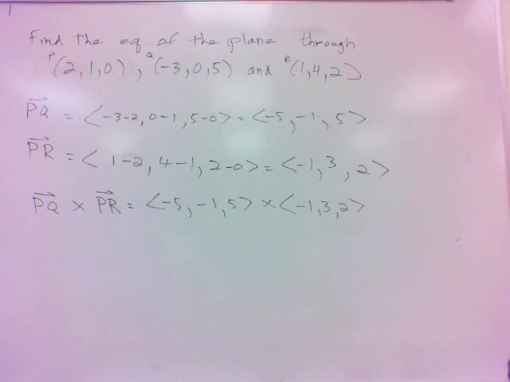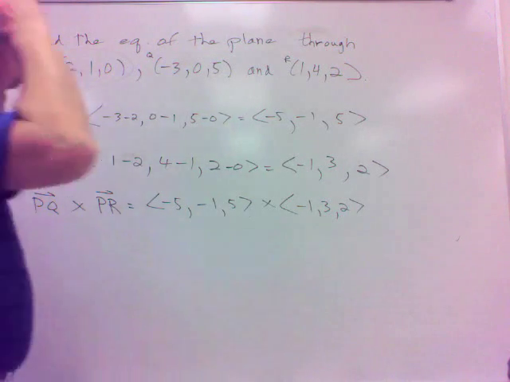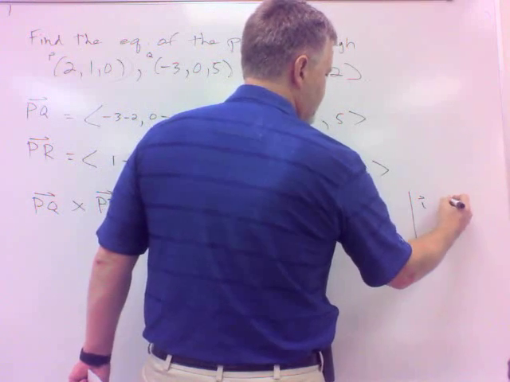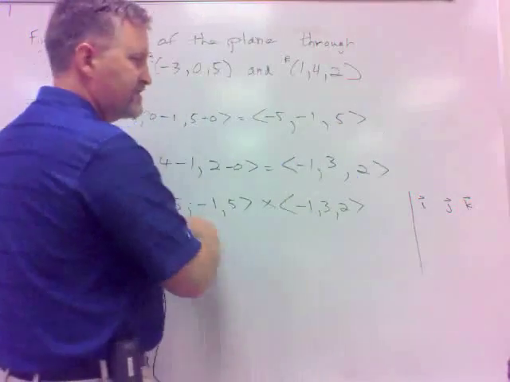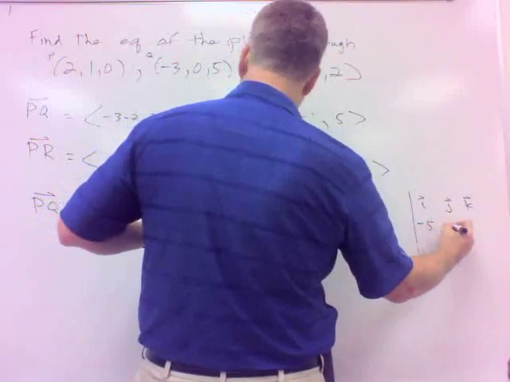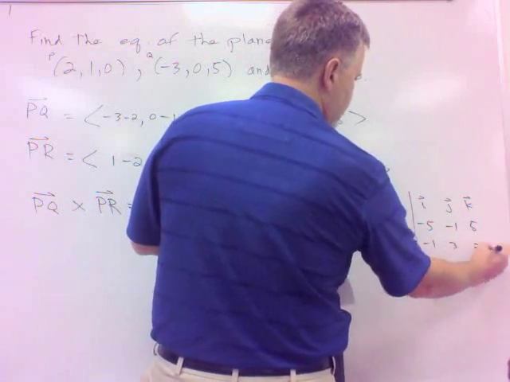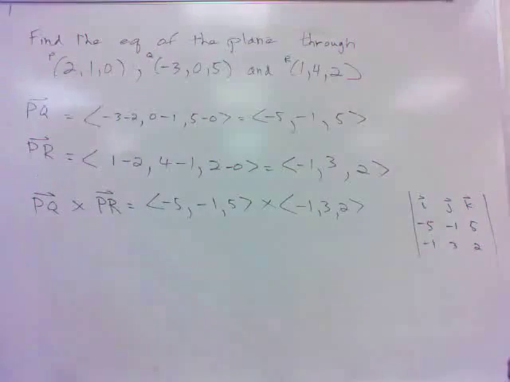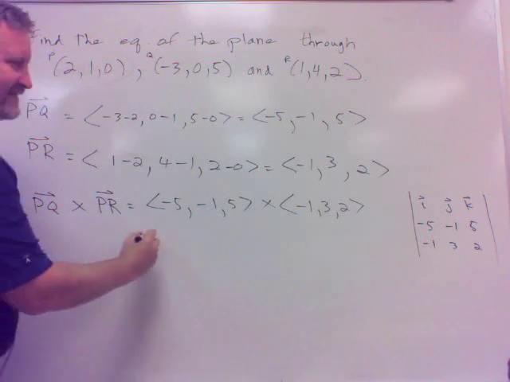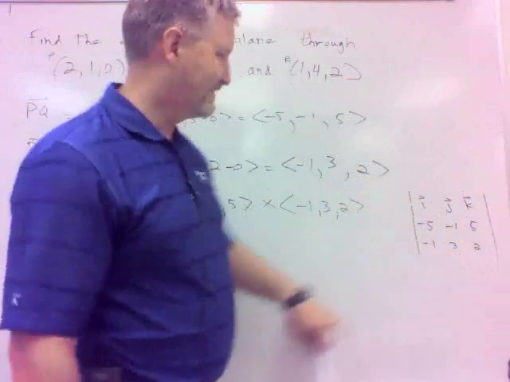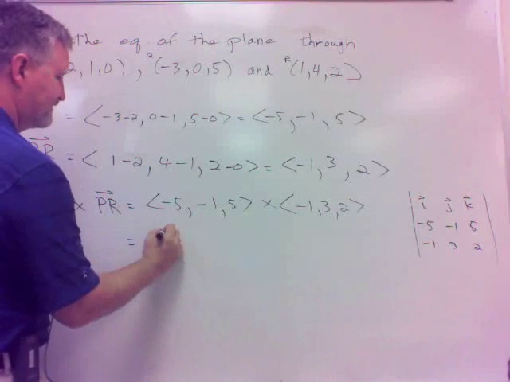It's a little more complicated. If we set up a determinant here, call this i, j, k across here, then you put your negative 5, negative 1, 5, and negative 1, 3, 2, and then do your cross product. You take the i times the determinant here.